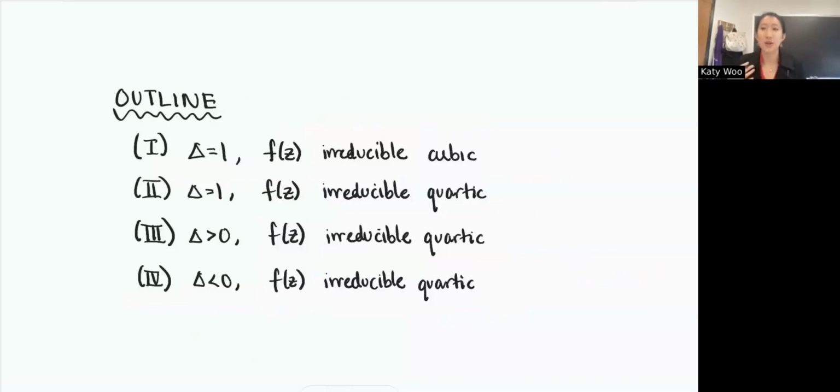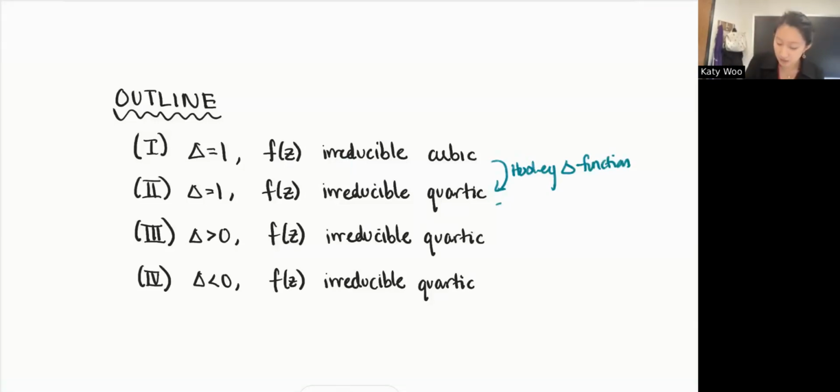Okay, so just to give an outline of the rest of this talk, first I want to get our foot in the door with the case when delta is equal to 1 and f is an irreducible cubic, just to get started with the method. And then I'll talk about the use of the Hooley delta function to handle when f is an irreducible quartic.